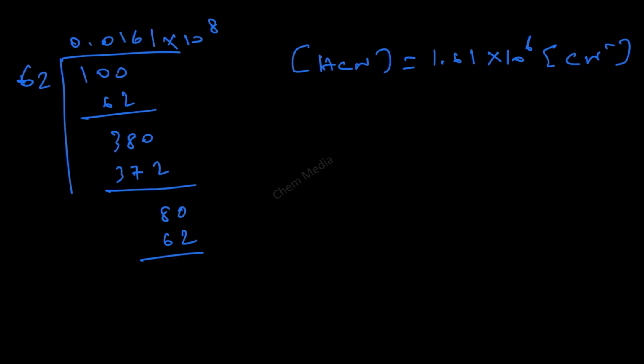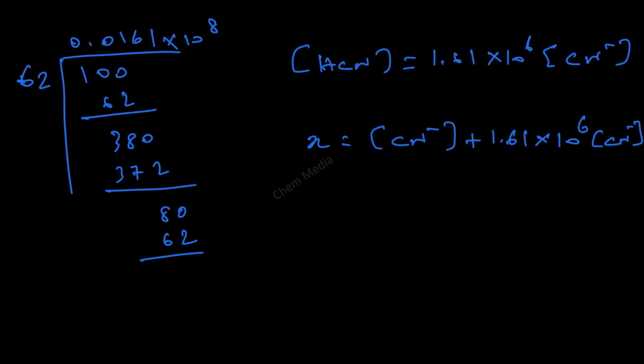Now, let us substitute the expression for HCN back into our solubility equation, that is X is equal to CN minus plus 1.61 times 10 to the power 6 times concentration of CN minus.